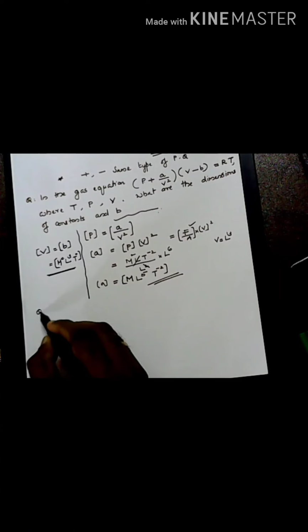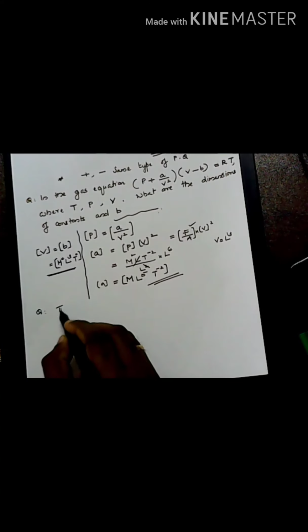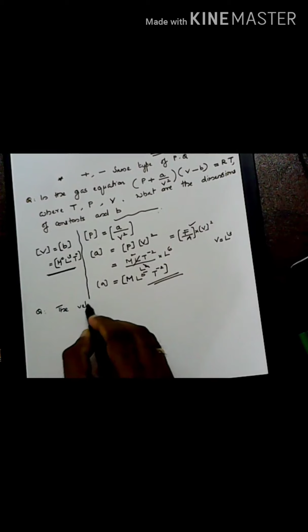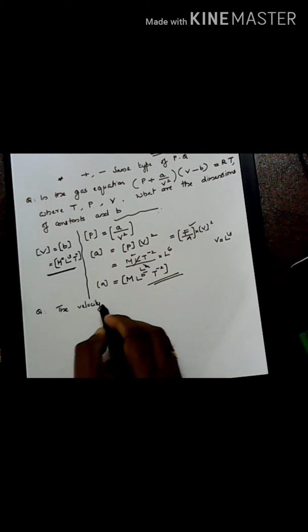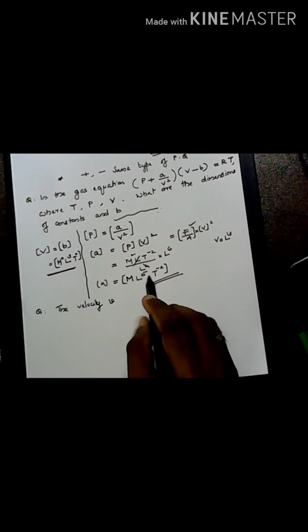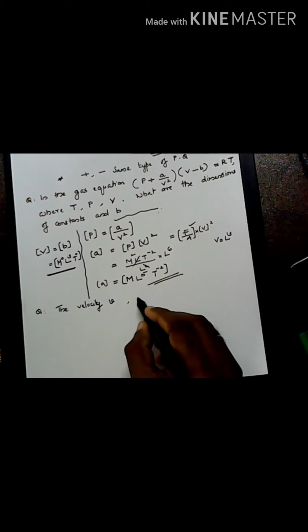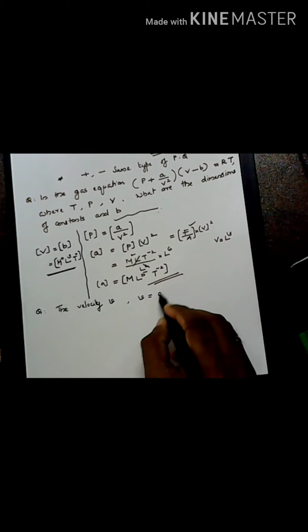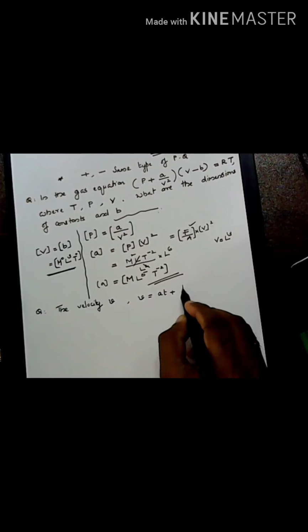We can go through another very good question. See, the velocity v of a particle is given in terms of time t as v equal to at plus b by t plus c.